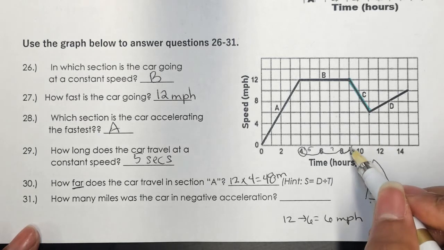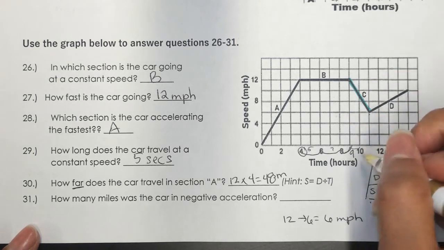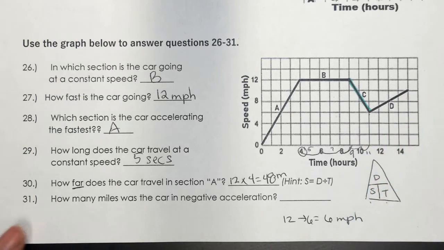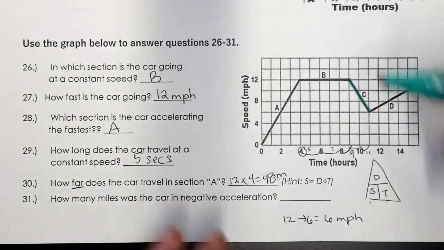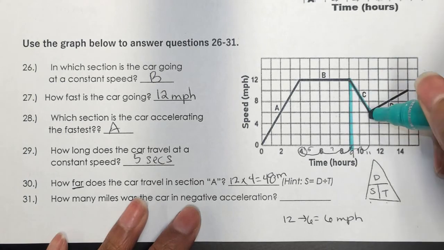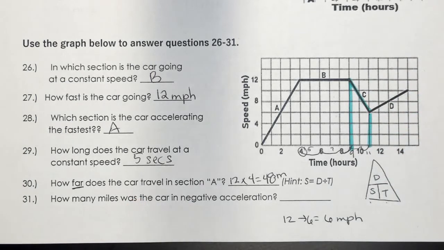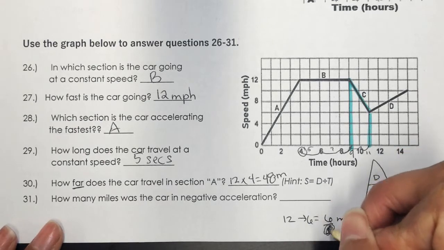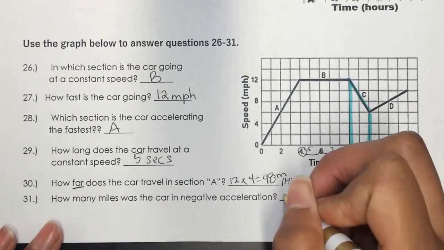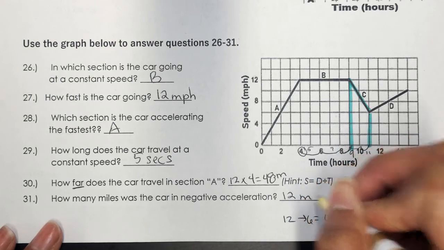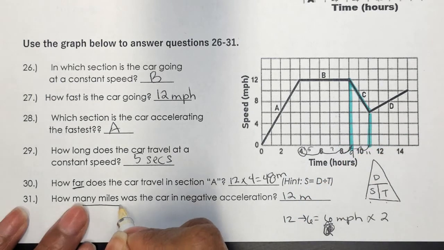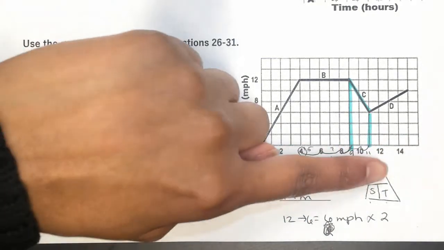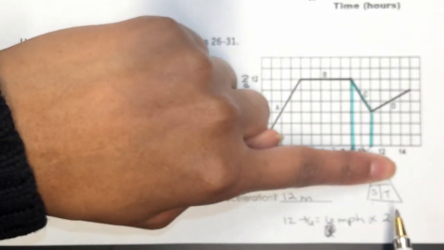And then my time from 9 to 10 to 11. How I got that was right here, 9 to 11, and that was 2 hours. So 6 times 2 is 12 miles. That's how you find how many miles, because that is also a distance. So I needed to multiply my speed times my time.